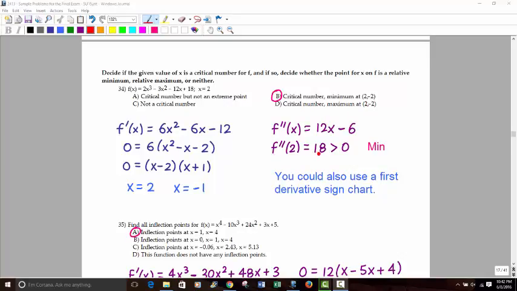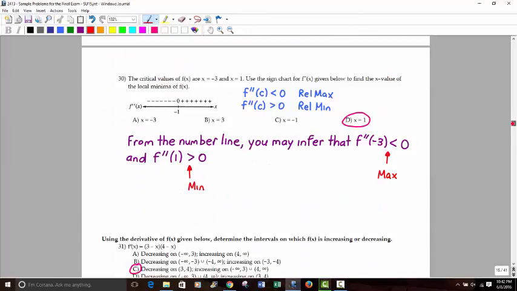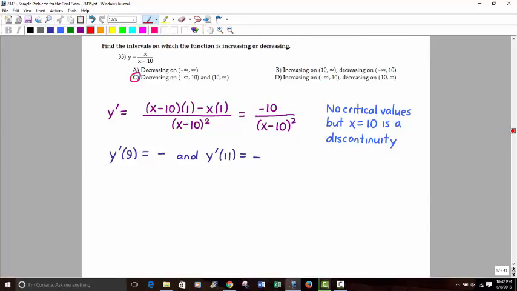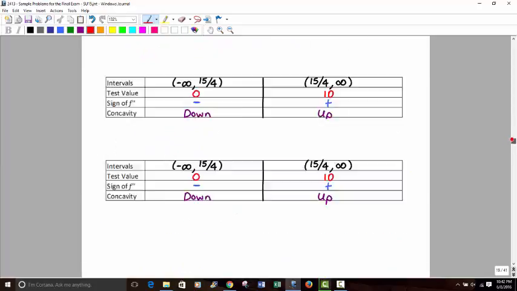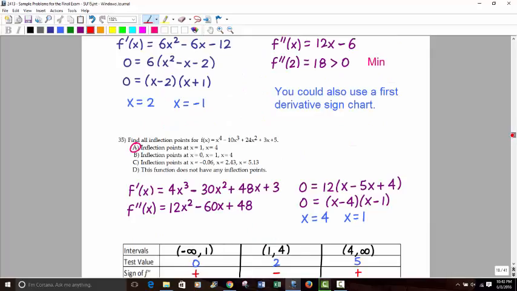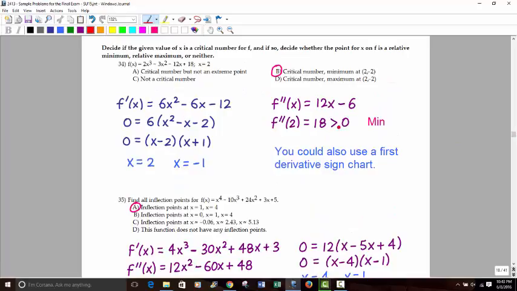You take the second derivative at 2 and you get 18. If it's positive, you have a min, like back up here at number 30. Positive is a min, negative is a max. So 18 is positive, so we have a minimum at 2.